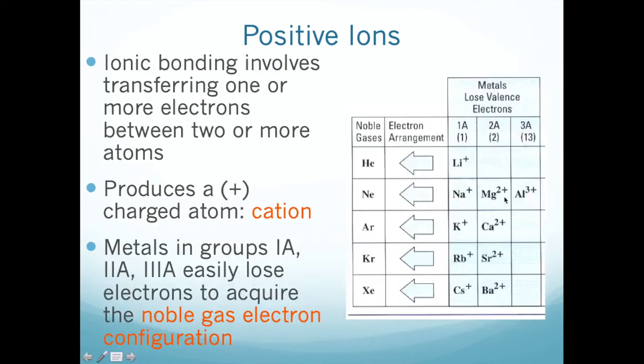So just to summarize all of our metals, all of our group 1 metals will lose their 1 valence electron to form +1 ions to be like the previous noble gas. All of our group 2 metals will lose 2 electrons. That's the number of valence electrons they have, and that's why they form 2+ ions. And then aluminium being a group 3 metal will lose 3 electrons to form its +3 ion.